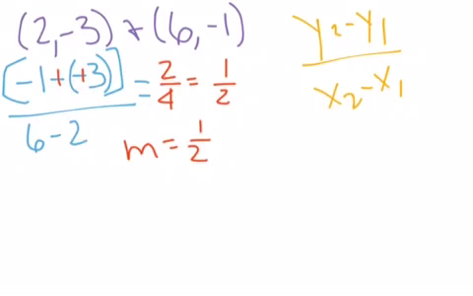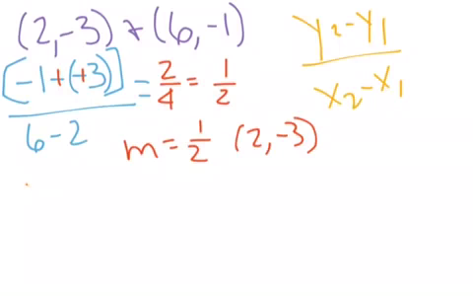Our second step is to choose one of the points and use it in point slope form. Either one you use, it does not matter. So I'm just going to pick 2 and negative 3, and plug it into point slope form. So y minus y1.